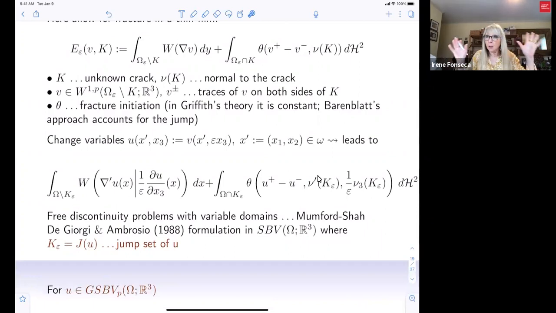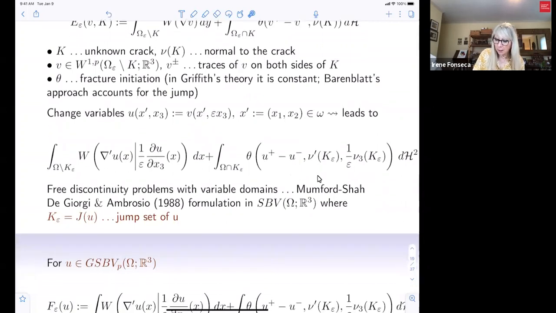Which is a completely different area because it's for image segmentation, but basically it's within the topic of free discontinuity problems where you have smooth functions away from cracks or from jumps, and then you end up trying to minimize both on where you put the crack and the minimization of your field U. So this goes back to De Giorgi and Ambrosio, and the formulation is in the space of special functions of bounded variation.